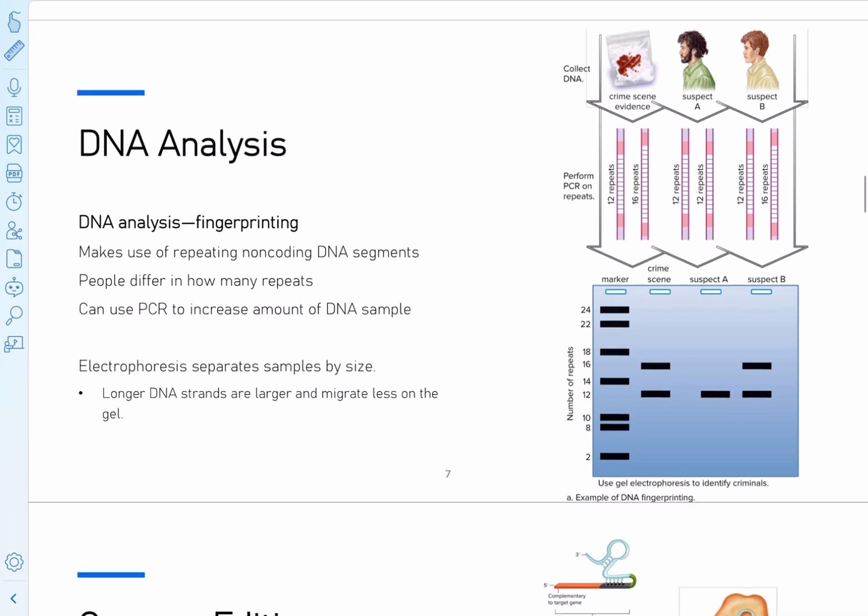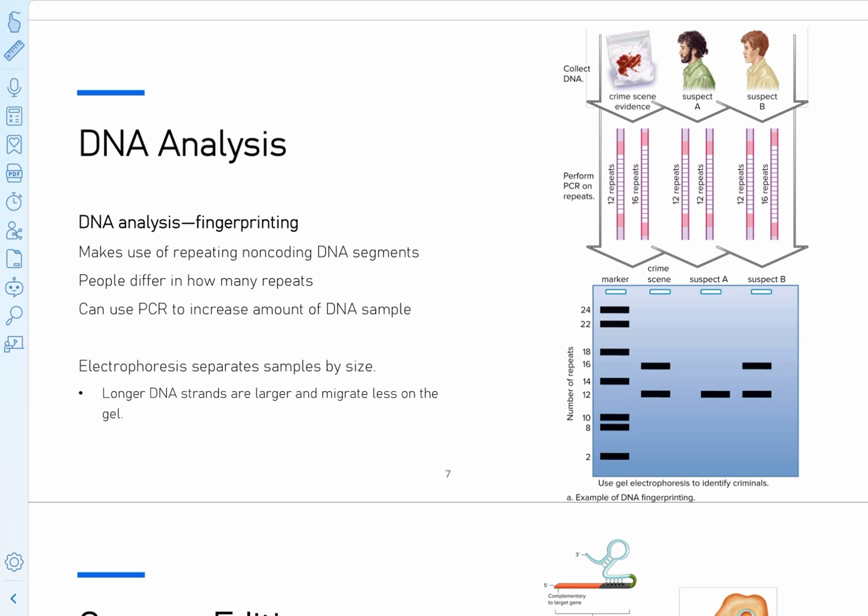So, when it comes to DNA analysis, one of the most useful techniques is DNA fingerprinting. And this method takes advantage of the fact that certain parts of our DNA, called non-coding regions, are different for each person. These regions have repeating DNA sequences, and the number of repeats varies from individual to individual. So, scientists can use PCR to copy these regions and then run the DNA through gel electrophoresis.